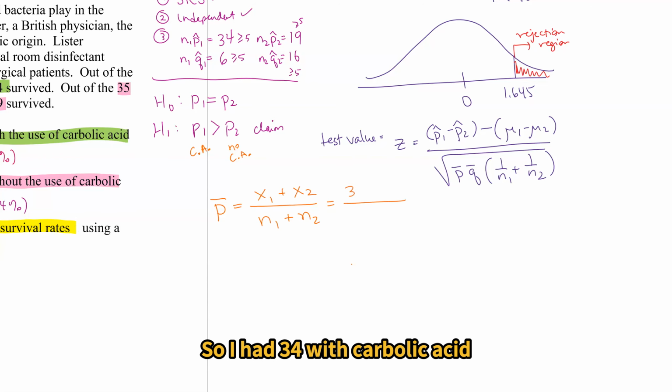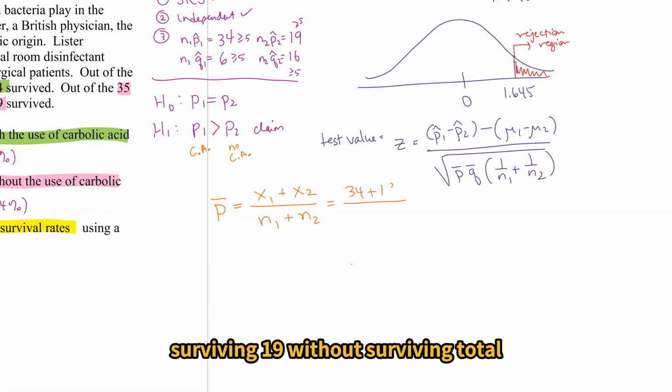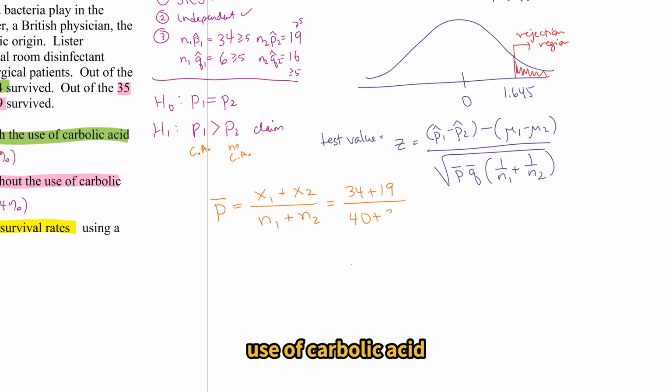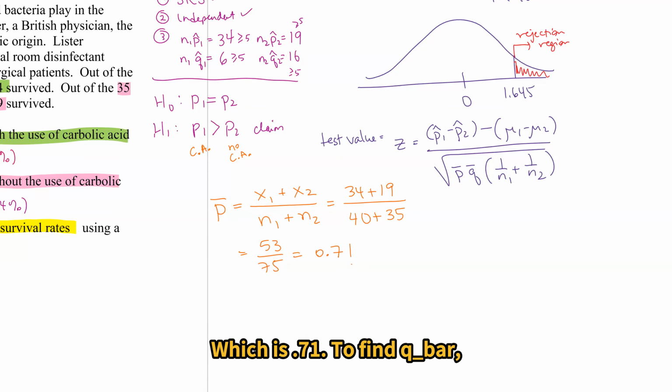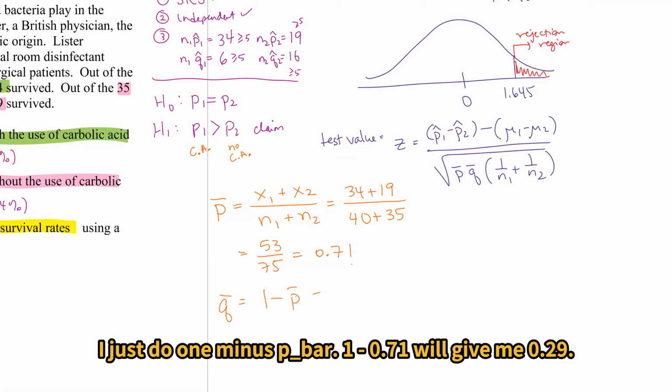So I had 34 with carbolic acid surviving, 19 without surviving, total use of carbolic acid, total use without carbolic acid. And we end up with 53 over 75, which is 0.71. To find Q bar, I just do 1 minus P bar, 1 minus 0.71 will give me 0.29.